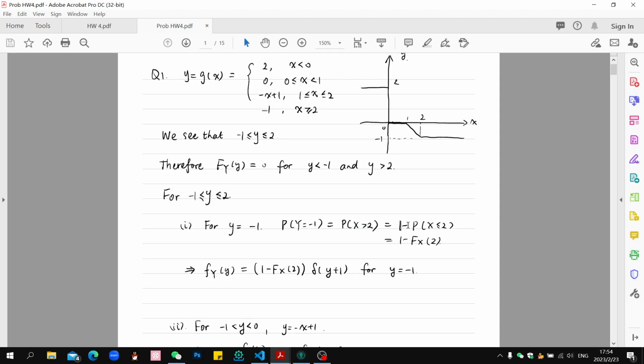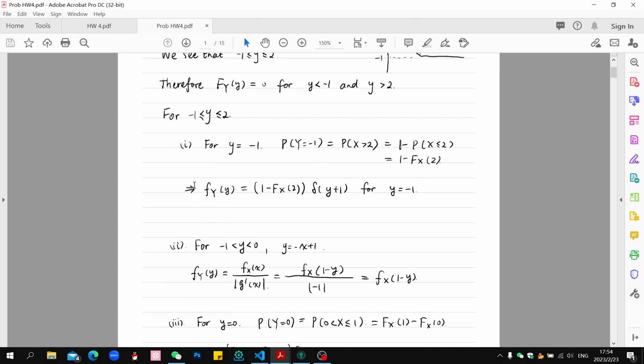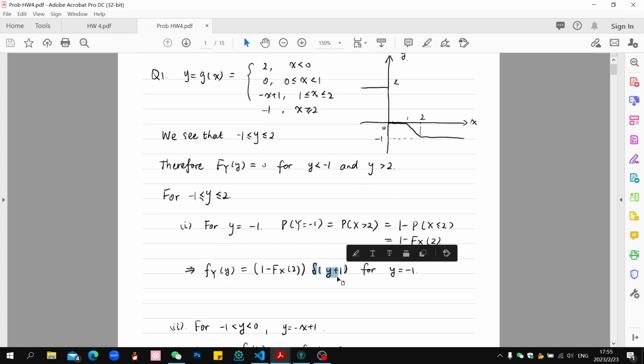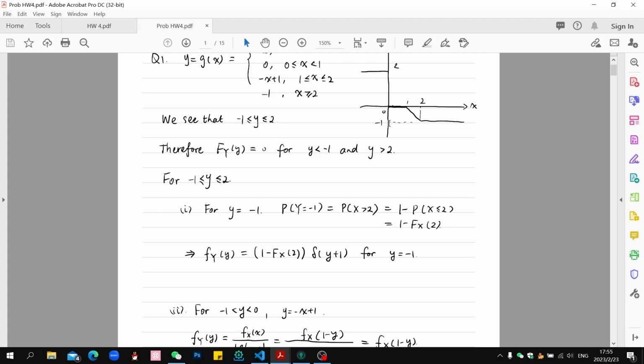That is 1 minus the probability of x smaller than 2, that is 1 minus Fx(2). And then we can find the small fy: for this particular value, that is (1 minus Fx(2)) multiplied by a pulse function at the point of minus 1.